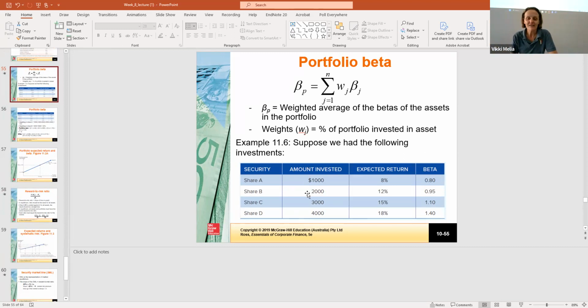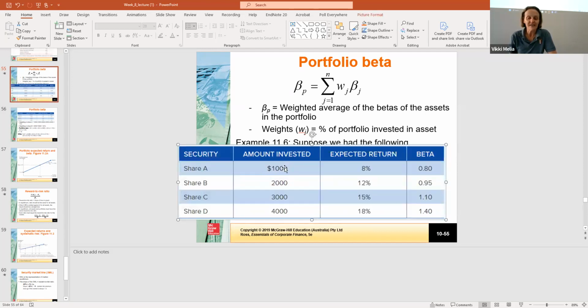In this case, if we have a portfolio made up of these 4 assets, shares in A, B, C, and D, we've got the total amount invested in each asset. So 1,000 in A, 2,000 in B, 3,000 in C, and 4,000 in D. What's the total value of my portfolio if we add all the assets together? 10,000. So my total portfolio has a value of $10,000.